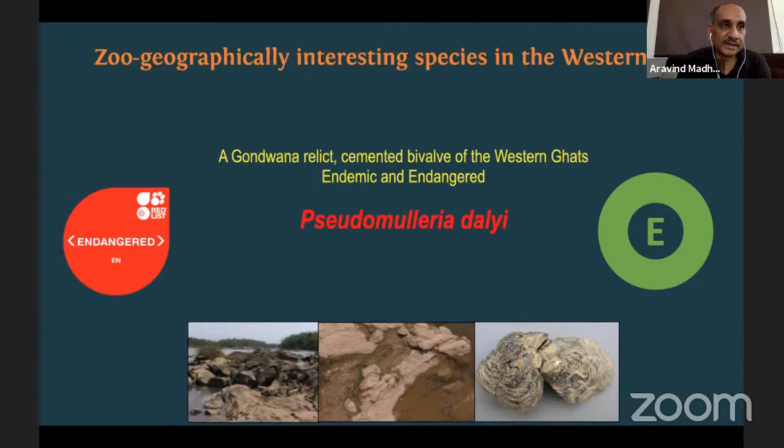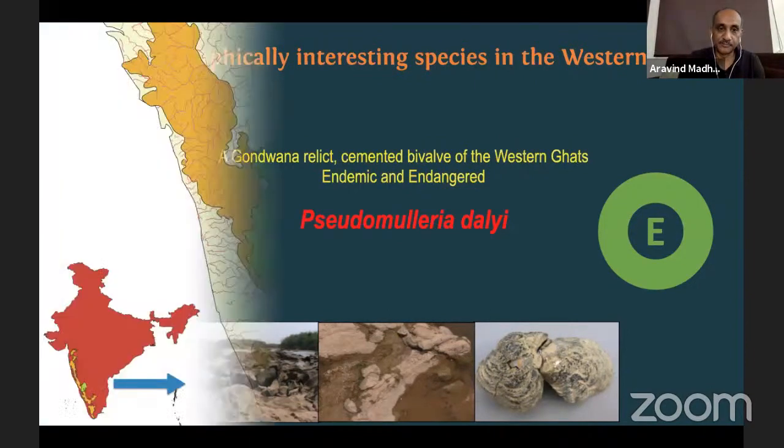It doesn't look like a clam, but it's a clam. The clams generally have a very nice shape, but this particular clam has an irregular shape because of the attachment to the rock and inside the crevices. So it has become very irregular in shape.